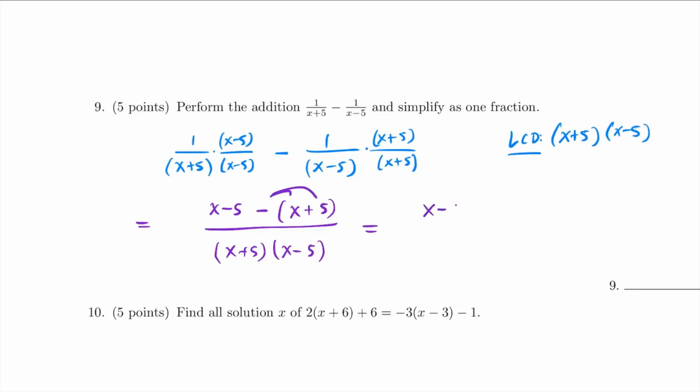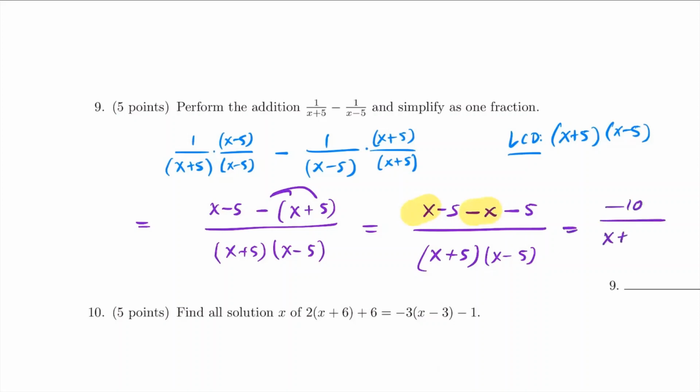So we have x minus 5 minus x minus 5 over the least common denominator. And now we can combine like terms. These will cancel out. Negative 5, that's negative 10 over x plus 5 times x minus 5. So that will be one way to write the answer.